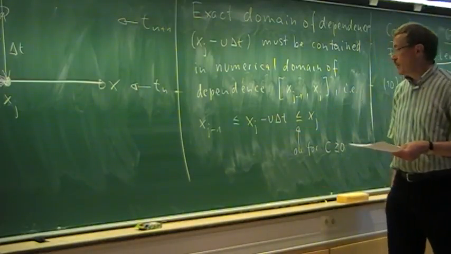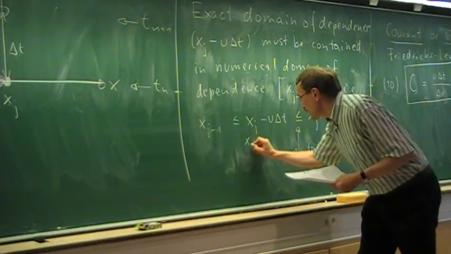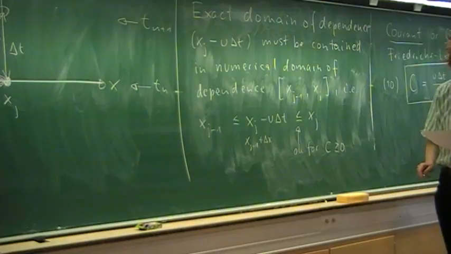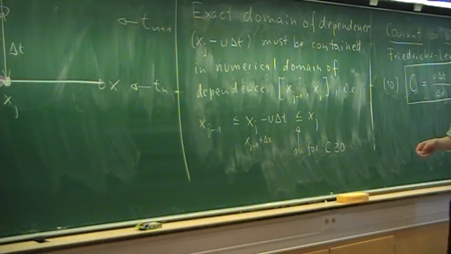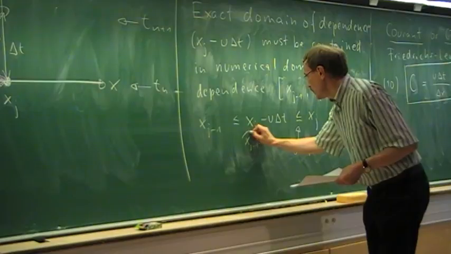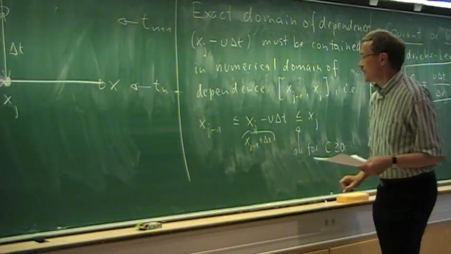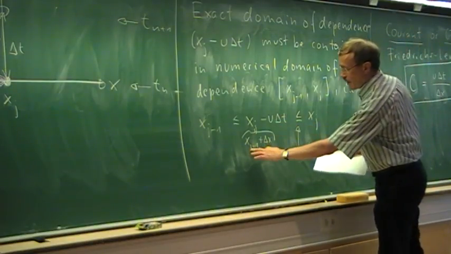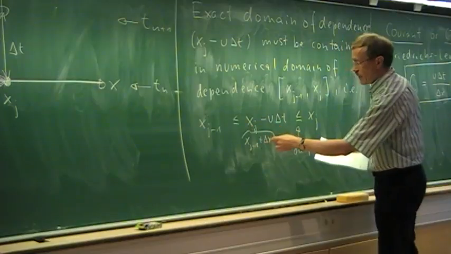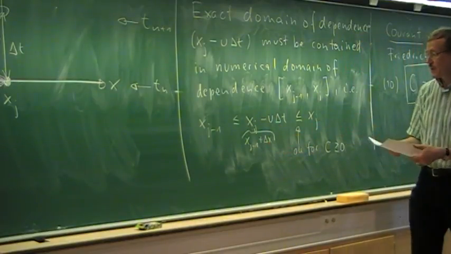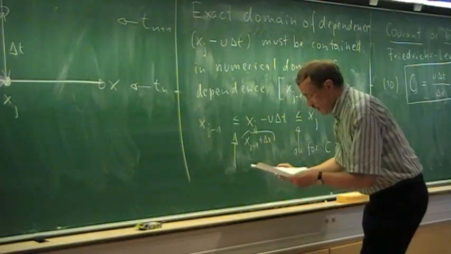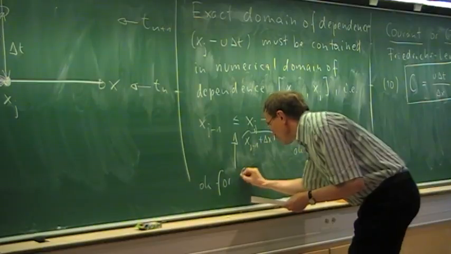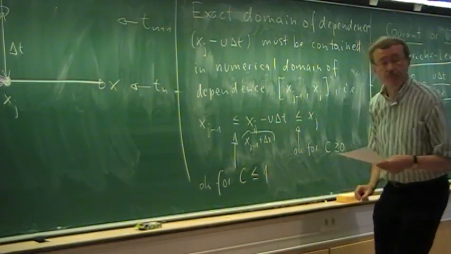And this guy here, that is x_{j-1} plus delta x. So you see then the delta x we get, that is equal to xj. If we have this inequality, we see we can cancel the x_{j-1}, get this on the left hand side, divide by delta x, and then we see that this inequality is okay for the Courant number smaller or equal than 1.